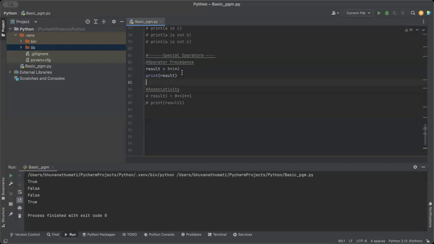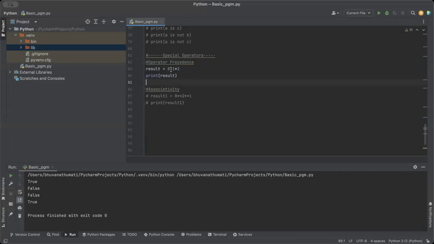The order for these operators will be: brackets will be given highest priority, first priority. Second, power or exponentiation is given second priority. Division is given third priority. Multiplication is given fourth priority. Addition fifth and subtraction sixth. So based upon this order only, it will execute.